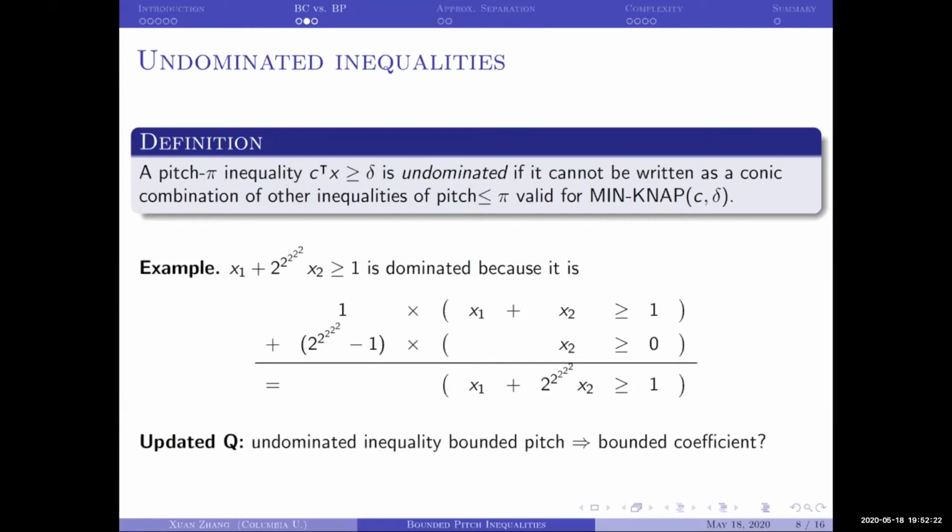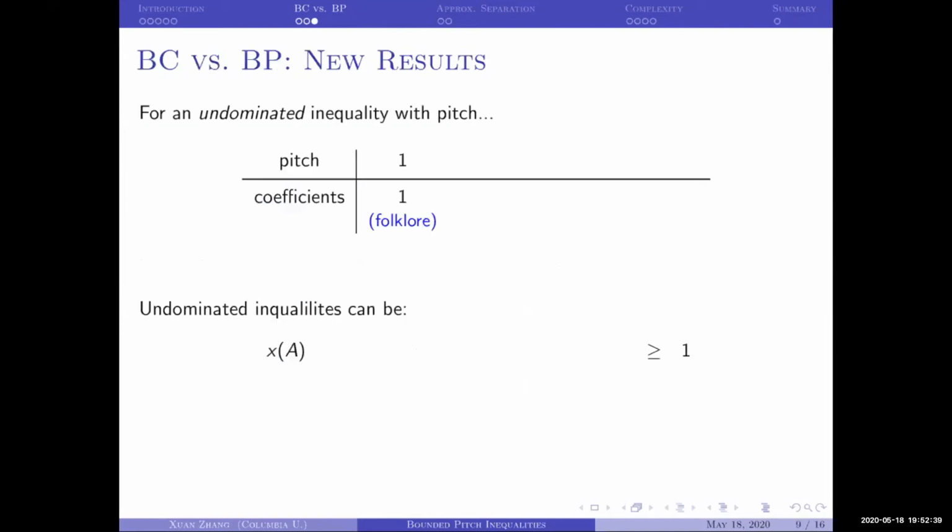Right. So an updated question we can ask is the following. If you're given an undominated inequality with bounded pitch, does that tell you that you will have bounded coefficients? And now the answer is actually not just a trivial yes or no, it's more complicated than that. It is folklore that for an undominated inequality with pitch 1, its coefficients can only be 0 or 1, and you will have the following format.